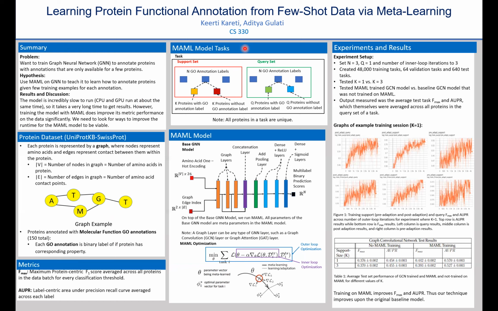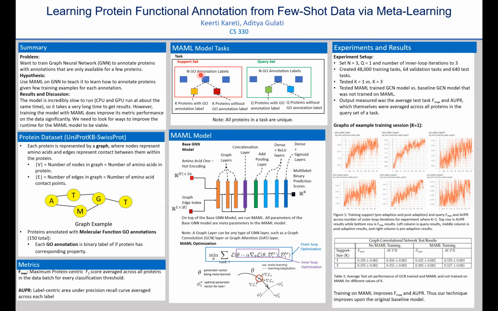Okay. To formulate the above problem as a meta-learning problem, we do as follows. We create a bunch of train, val, and test tasks. For each task, we have a support set and a query set. The support set is described as follows. We sample N GO annotation labels from a pool of labels.